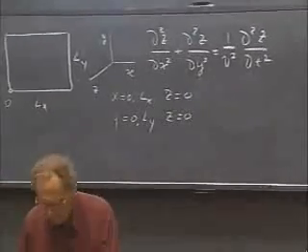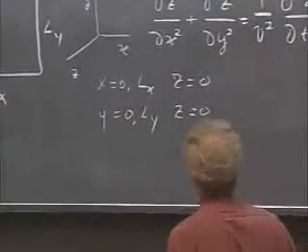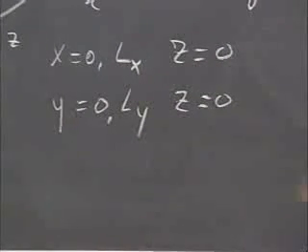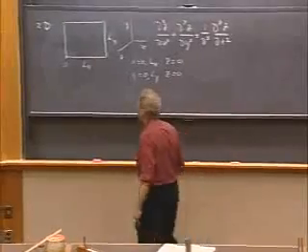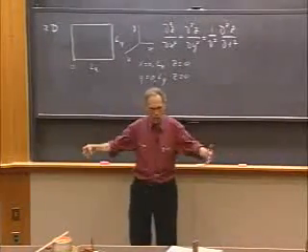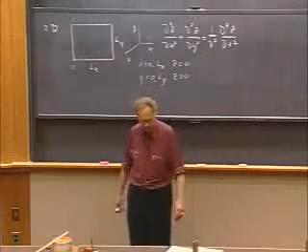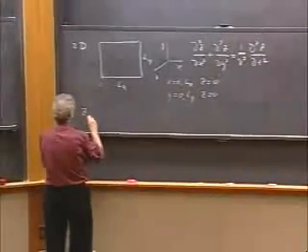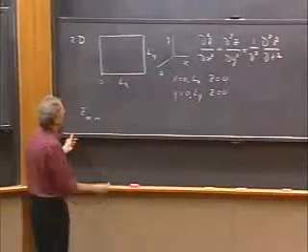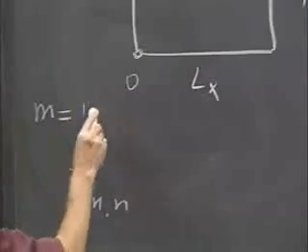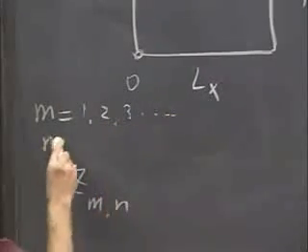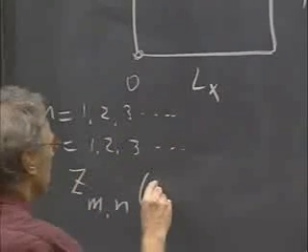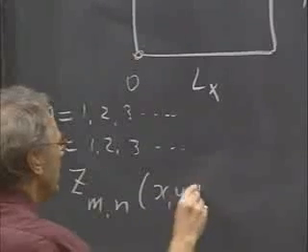Then you can now, in analogy with that, write down the solution for z as a function of x, y, and t. Now you have to introduce two quantum numbers, if I call n Nancy and m a quantum number. So now I have two integers that can change. So m now goes 1, 2, 3, etc. Nancy is 1, 2, 3, etc. And this is now a function of x, y, and t, two-dimensional.